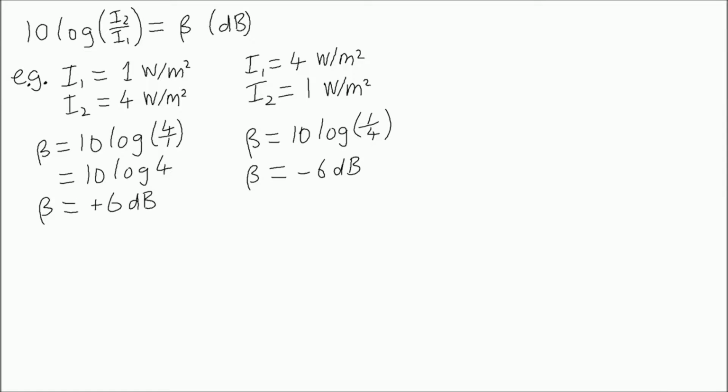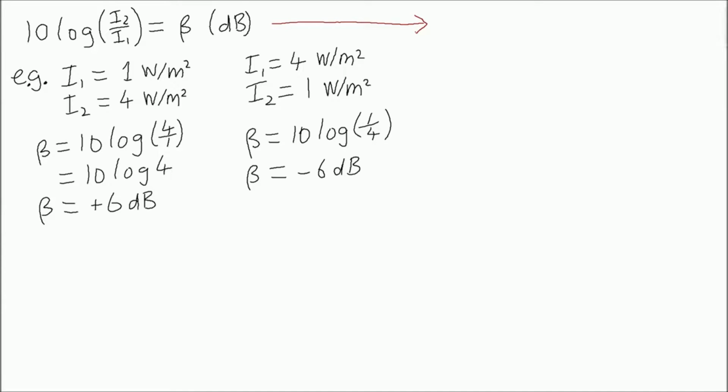So what if we know the decibel change and we know one of the intensity levels and we want to find the other intensity level? Well, this is where the math generally gets tricky. So from the equation at the top, we can derive another equation.